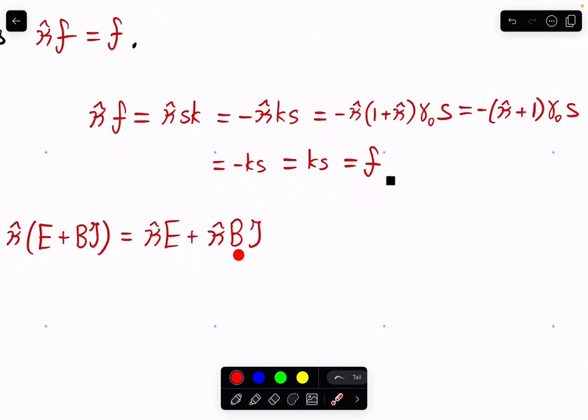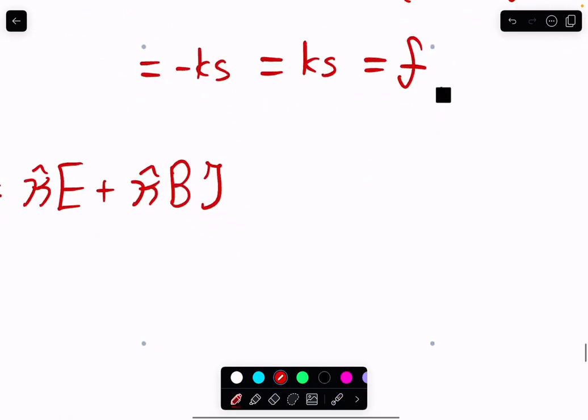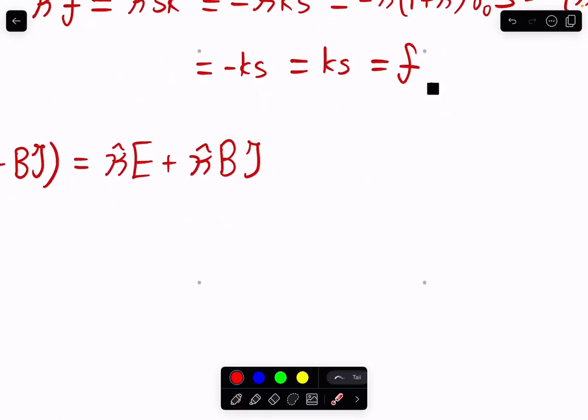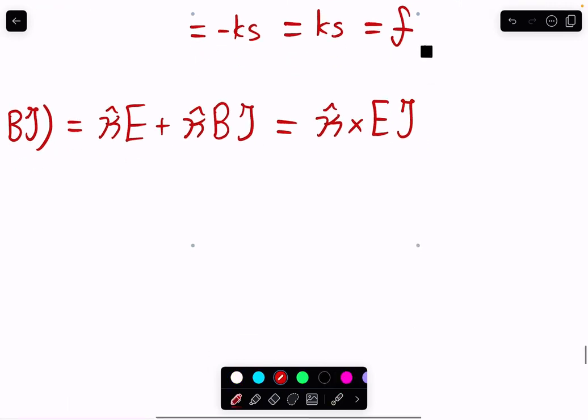is perpendicular to the electric and magnetic fields. So we know that these right here are equal to the cross products. So you can say that kappa cross E, you're going to have this factor here just because of the definition.